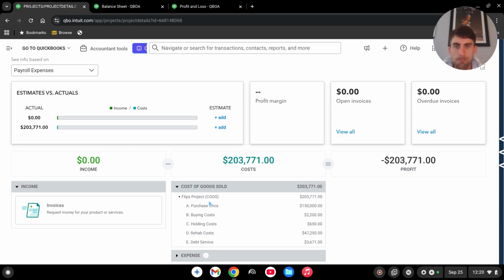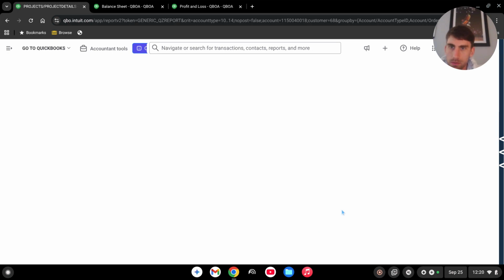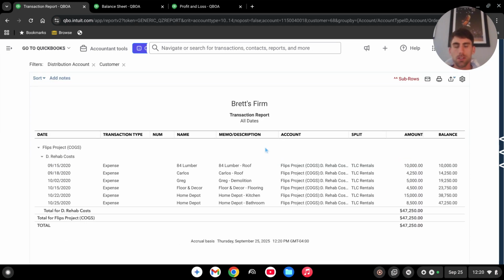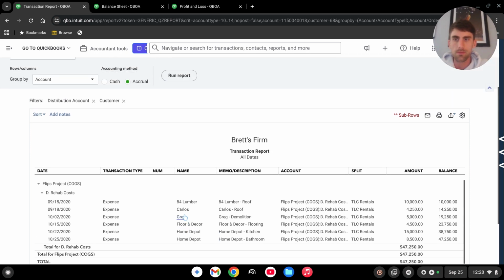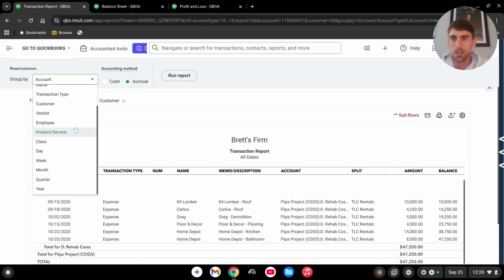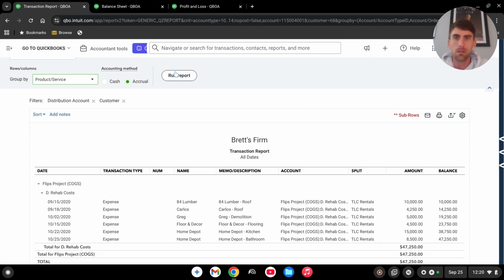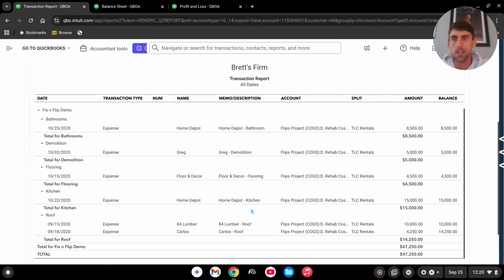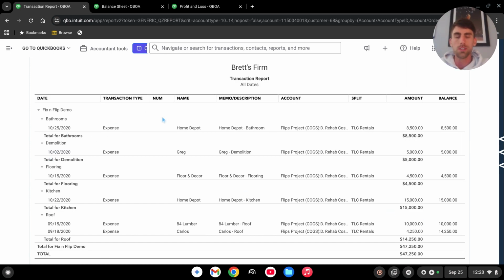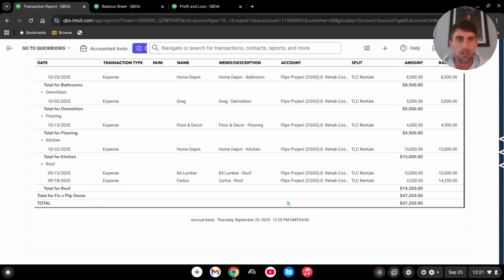So when we click into the rehab, this is where our product and services have been mapped to. So this doesn't really tell us a whole lot. We do have all of our rehab costs, but the cool thing is we can sort this by product and services. And now we get this really nice report that shows where we're spending our money on certain parts of the project. We have our bathrooms, the demolition, the flooring, kitchen. We have our roof expenses.